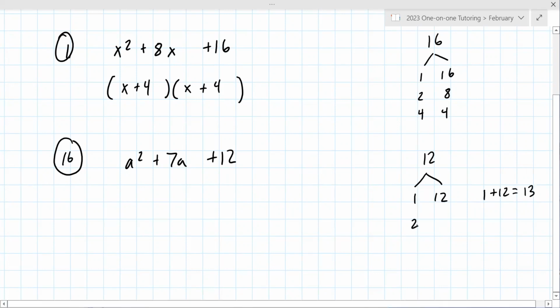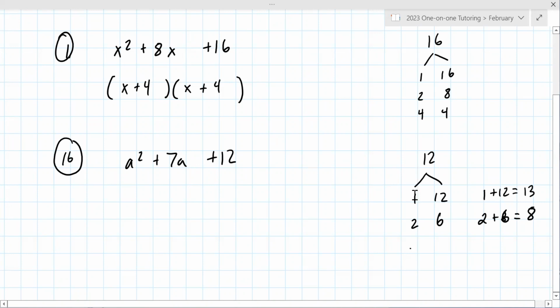Does 2 go into 12? Yeah. 2 and 6. 2 plus 6 adds to 8. So it's not that. What's another number that goes into 12? We've already done 1.